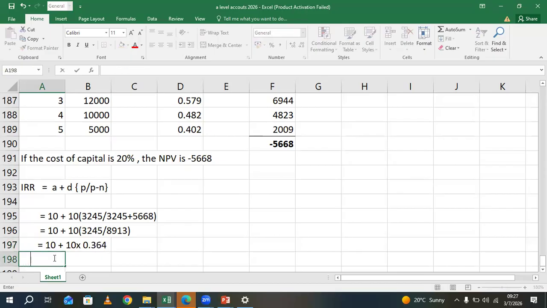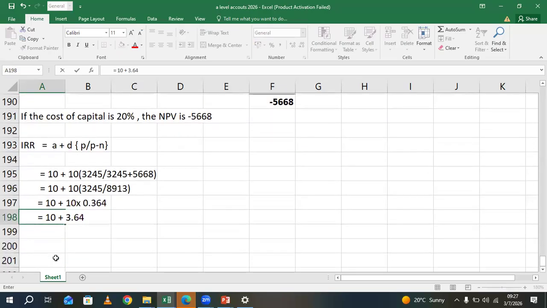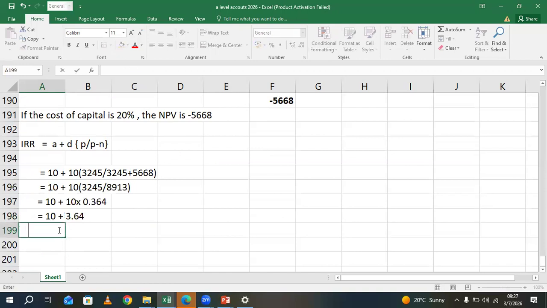So if we proceed with this, it becomes 10 plus, if we say 10 times 0.364, that's 3.64. So the final answer then becomes 13.64.